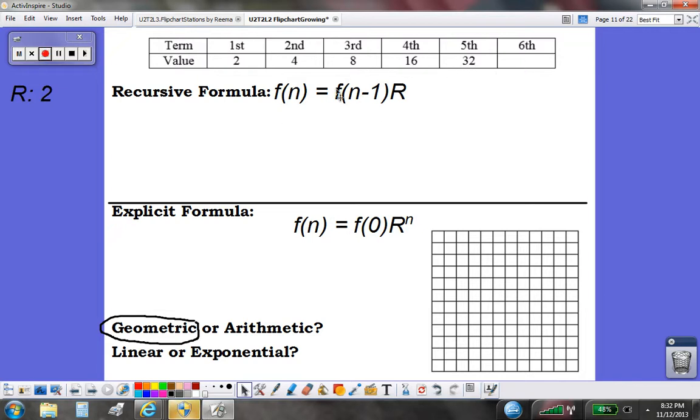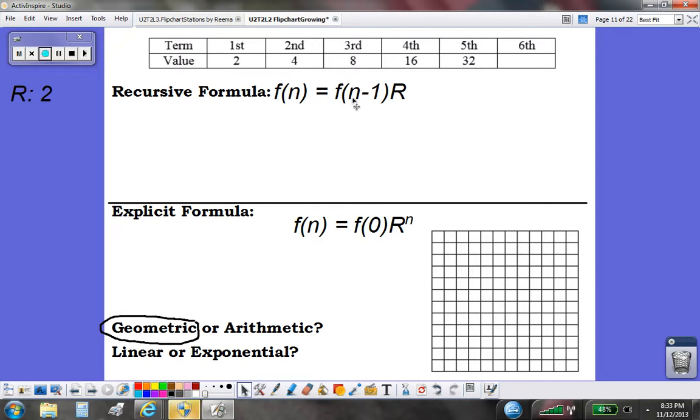But obviously, if I put this into function notation using the recursive formula, it looks a lot more complicated. But basically, this part right here, f of n minus 1, is really the representation of this fifth term. Okay, so remember, the n is the term I'm trying to find.